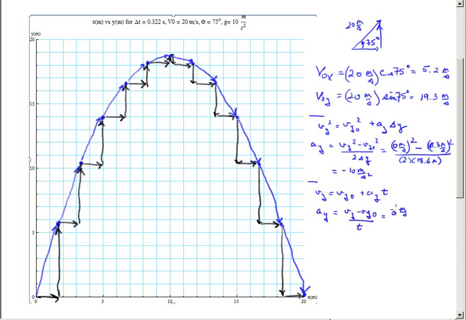That's the velocity at the apex minus the initial velocity, 19.3 meters per second, in the y direction, divided by the time to the apex, which is 6 times 0.322 seconds. And again, if you do the numbers here, you will get something very close to 10 meters per second squared.